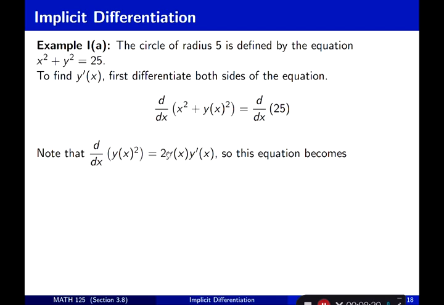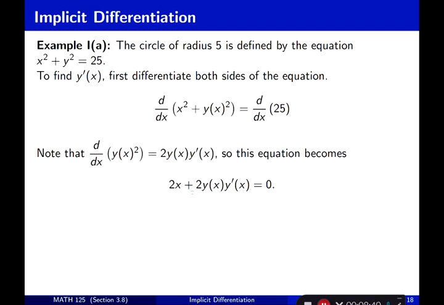That's the power, this one is the inner function to power 1, times y prime of x. So this equation, after taking the derivative, becomes 2x plus 2y(x) times y prime of x equals 0.